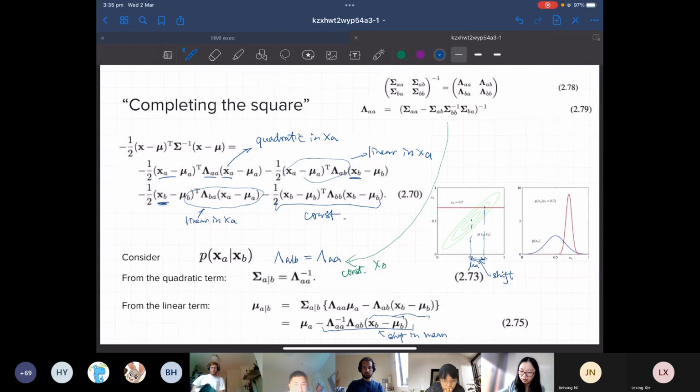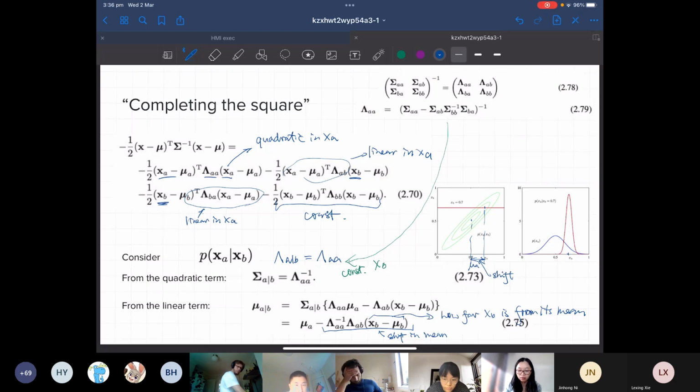The shift term here is described by how far xb is from its mean. So if, in this example, xb equals 0.7 is larger than its own mean, then the mean of xa, these terms combined, is also larger than its own mean.